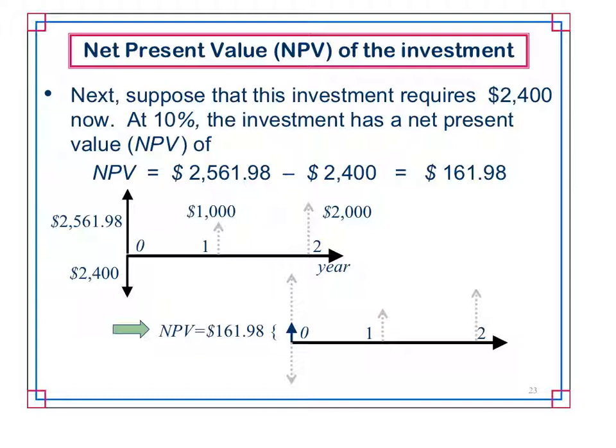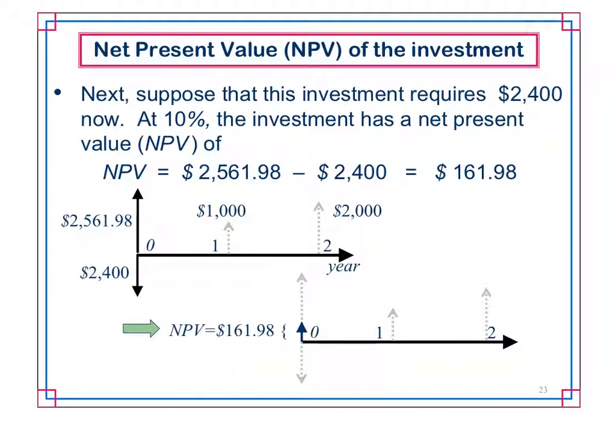So net present value is another great way to compare alternatives. Do I buy a car that's going to need this much maintenance and last this long? Or do I buy a brand new car that's not going to need any maintenance, but I have higher payments? So the net present value of an investment is comparing what your expenditure needs to be and what its present value of the return will be.